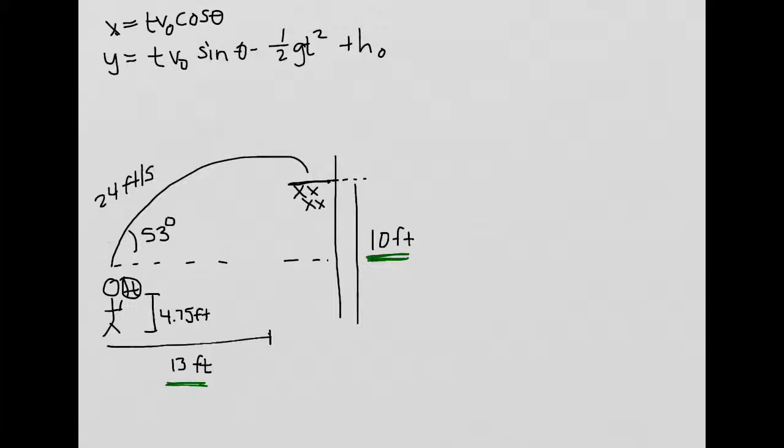Okay, so the first thing we've got to do is solve for t, and we're going to do that using this Y equation first, because we know enough information to do that.